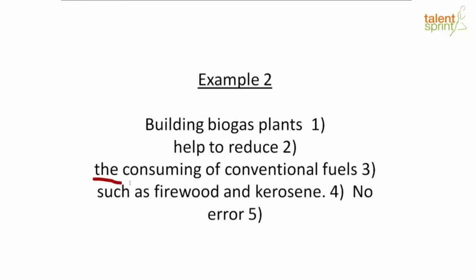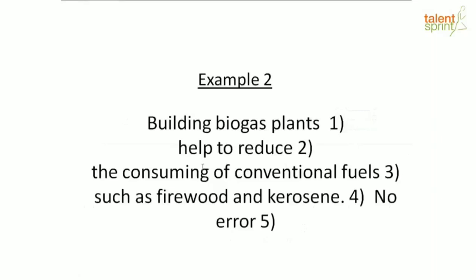But in this context, I'm saying usually articles precede noun forms. But after the, I have consuming, which is a verb form, right? A continuous tense verb form, consuming with an ing. How do I change this to a noun form?